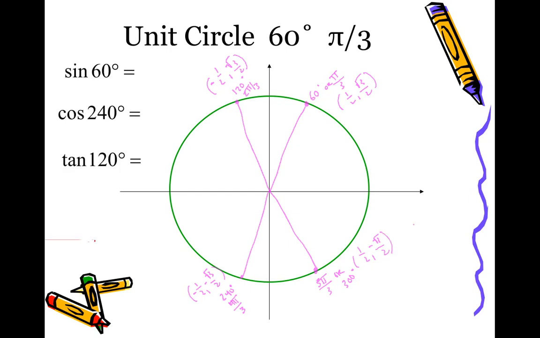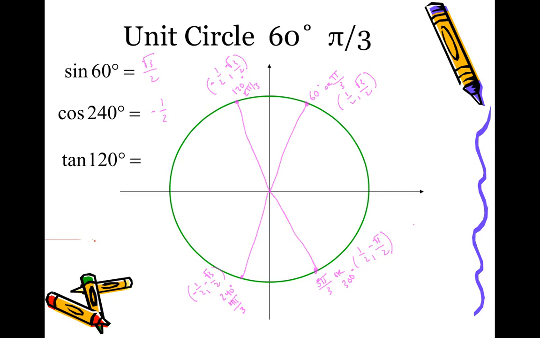So if I asked you for the sine of 60, well, that's right here. That's going to be √3/2. The cosine of 240, that's down here, right? The cosine of that is going to be negative 1/2. You can just think about it and be like, oh, that's a 60-degree reference angle.